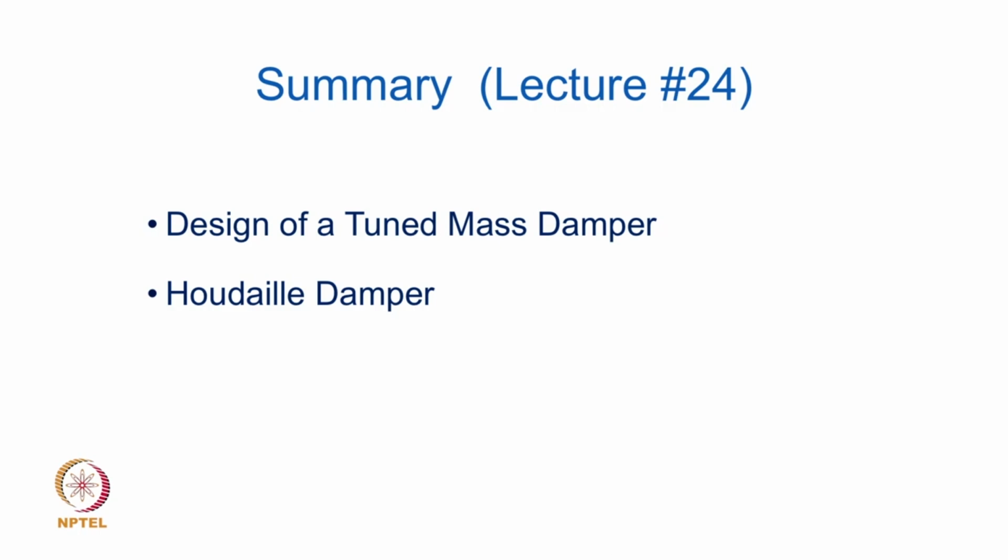In fact, it will be slightly different, but also you suitably adjust the damping in the absorber, so that over a very wide range of operating frequencies, the large amplitudes of vibration can be contained.